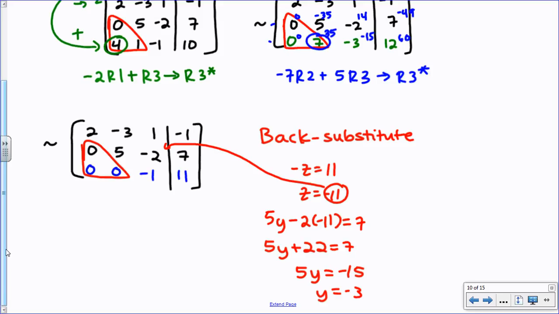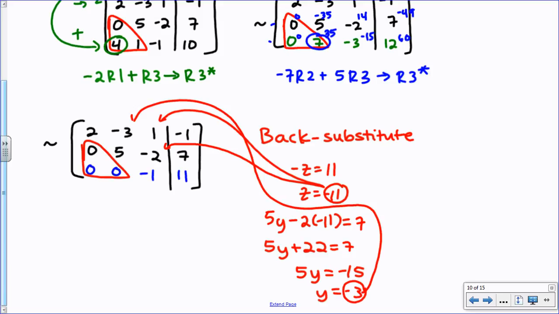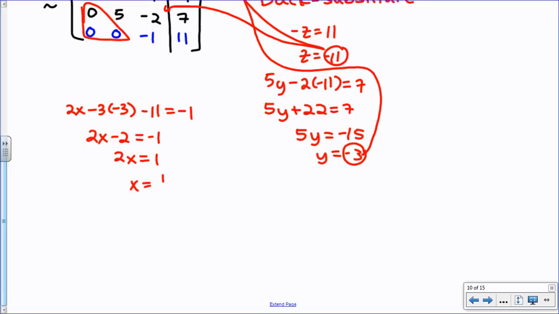And then plug both of those into the top so you can find x. So 2x minus 3 times negative 3 plus 1 times negative 11. So minus 11 equals negative 1. So you should get 2x equals 1. So x equals 1/2.